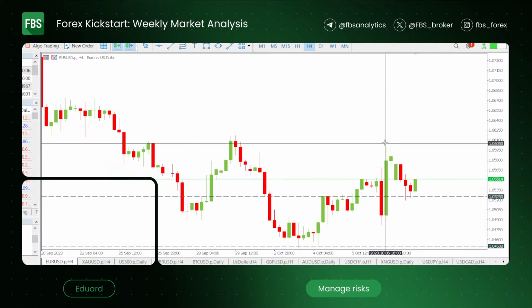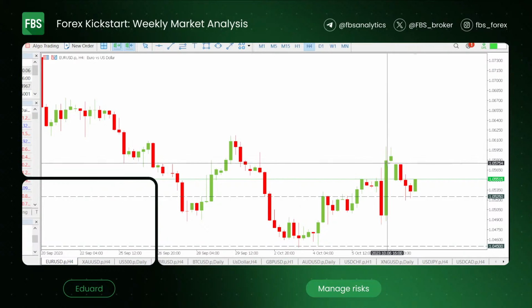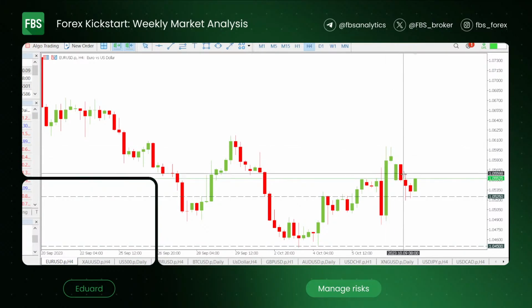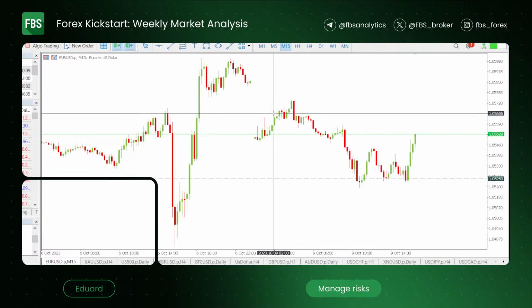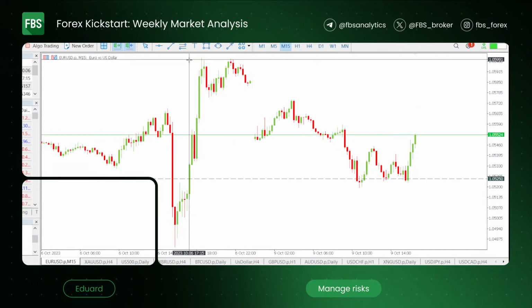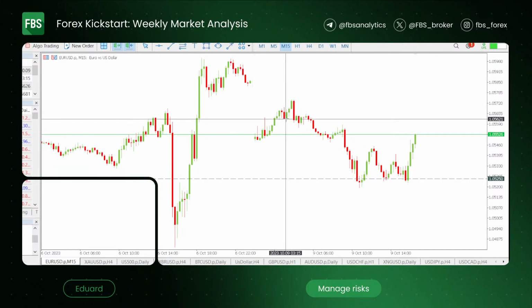So we got this liquidity collection on the Tokyo trading session, and a little bit of a correction on the London trading session. We can move to the low time frame. We can see that this liquidity collection happened on Friday. Doesn't matter.